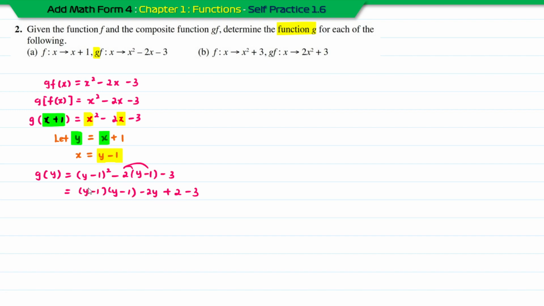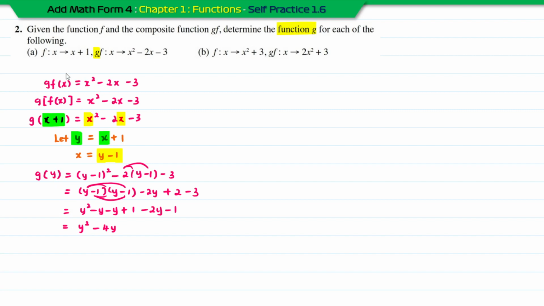For the squared part, we need to expand it. You're going to have y squared minus y minus y plus 1, minus 2y. For the numbers, 2 minus 3, we get negative 1 here. Next, we collect the like terms. Negative y minus y minus 2y gives minus 4y. This 1 minus 1 gives 0. Now we've solved for the function g, but this function g is in terms of y.